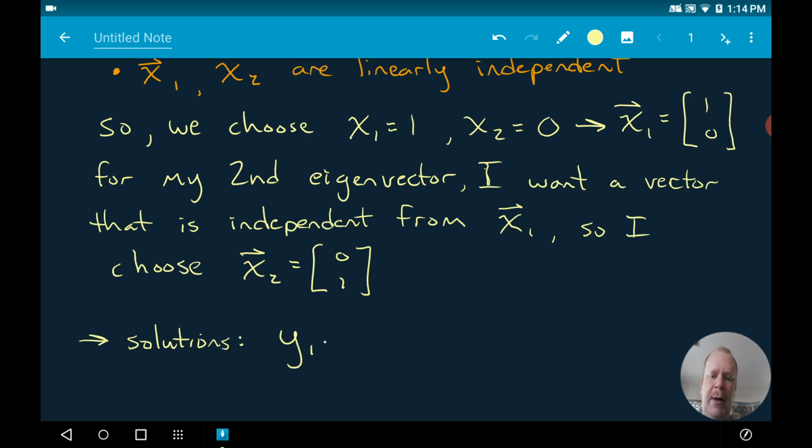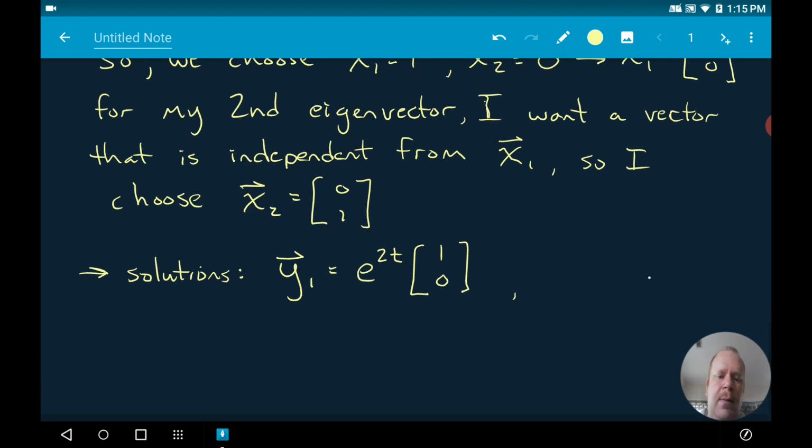So my solutions here: I get that my y1 is equal to e to the 2t times 1, 0. My second solution, y2, is going to be equal to e to the 2t times 0, 1.